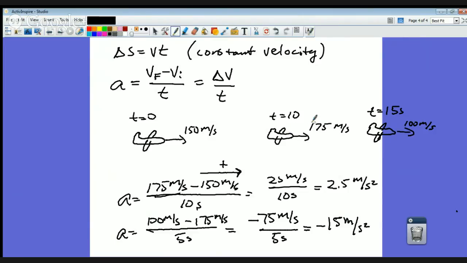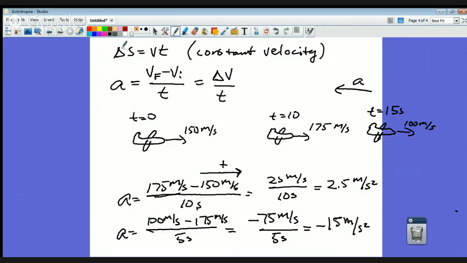But if we went from going to the right at 175 to going to the right at only 100, then our velocity actually moved in the direction of the negative velocity. So the acceleration was actually this way. Even though our velocity was forward, our acceleration was backwards. That made us slow down. So that is the idea behind acceleration, whether it's positive or negative.